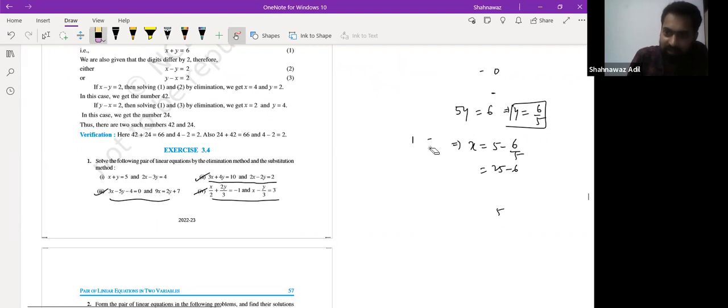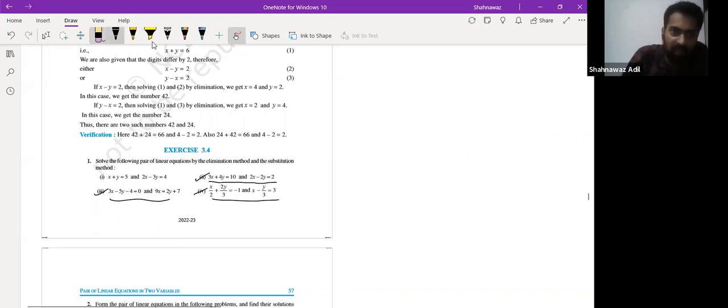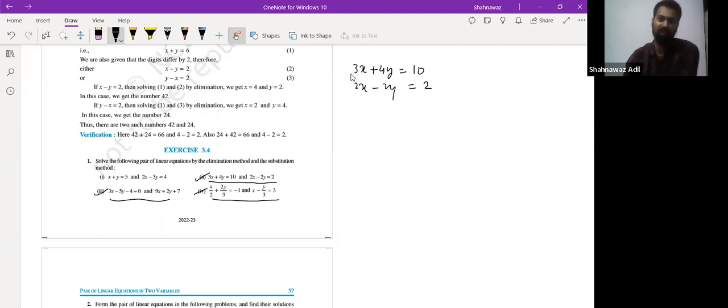So the equation is 3x plus 4y is 10, and 2x minus 2y is 2. So, Rizwan, what should we multiply? Both.